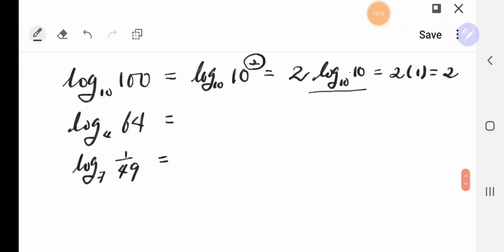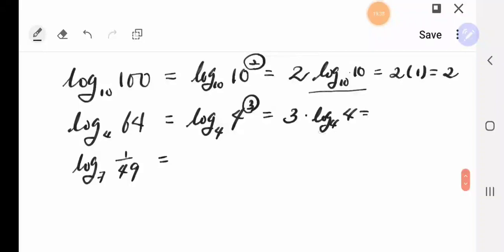The next one, 64 is 4 cubed. So if we rewrite it, logarithm base 4 of 4 cubed. This cube moves to the front, and the rest is 1, since logarithm base 4 of 4 is equal to 1. So 3 times 1 equals 3.